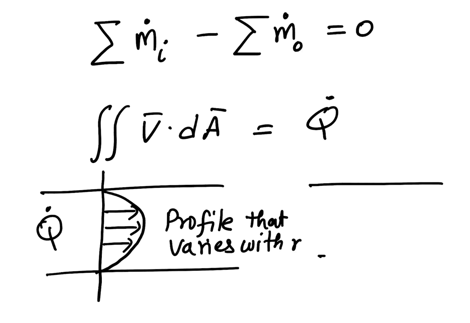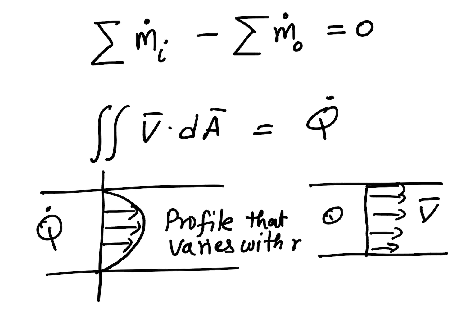You can also think of a similar situation where you have a flow with uniform velocity, let's say v bar, but has the same flow rate and the same cross section.